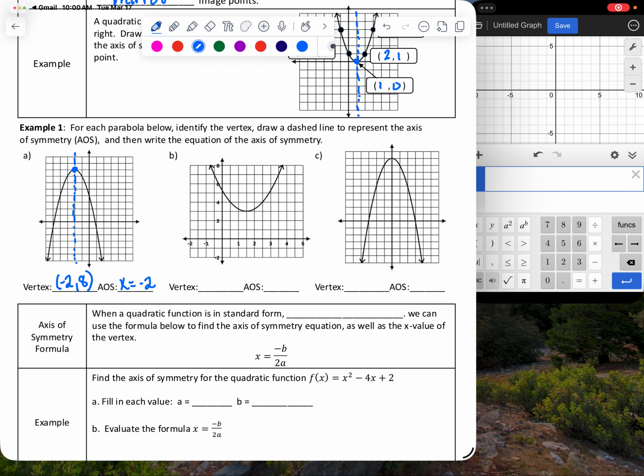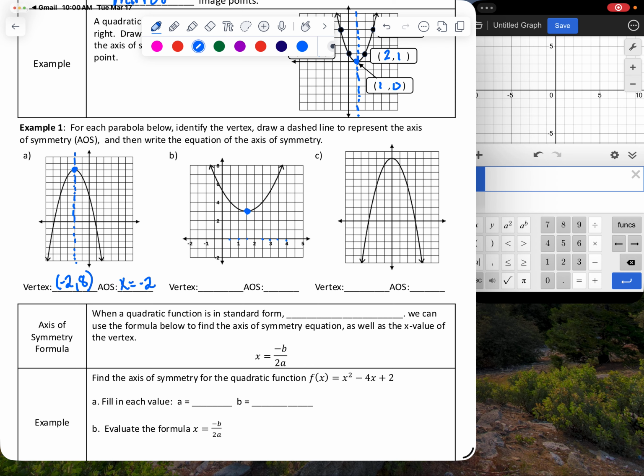All right, now let's look at problem B. Our vertex is right here. I want you to be very careful on this graph because it is not scaled by 1s, but rather 0.5s. On the x-axis, we're going 0.5, 1, 1.5, 2, 2.5, 3, 3.5, 4.